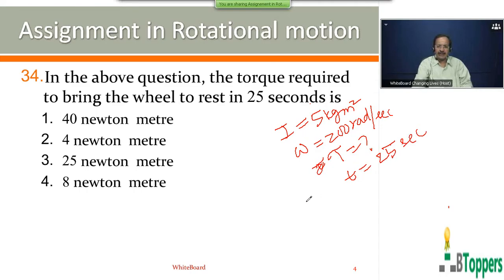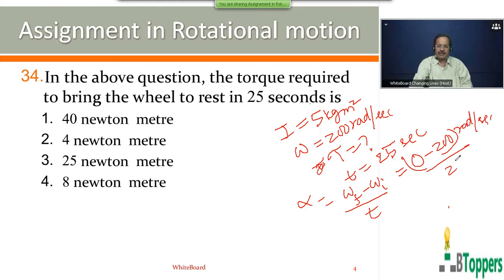To find torque, you have to find angular acceleration. Angular acceleration is equal to the change in angular velocity divided by the time interval. The torque is constant, so alpha can be assumed to be constant. When the wheel is brought to rest, the final angular velocity is 0, the initial angular velocity is 200 radian per second, and the time interval t is 25 seconds. So you get alpha equal to minus 8 radian per second square.